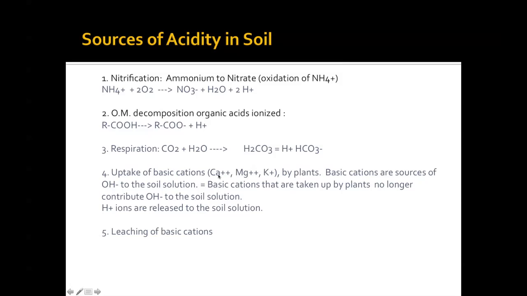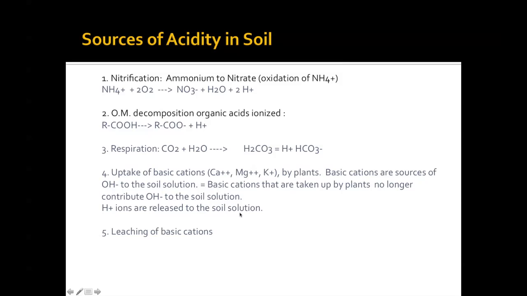When plants uptake basic cations, so the basic cations are going to be calcium, magnesium, potassium, and then to a certain extent sodium, when those are taken up, basically the OHs are released, and they no longer contribute to the OH in the soil solution.